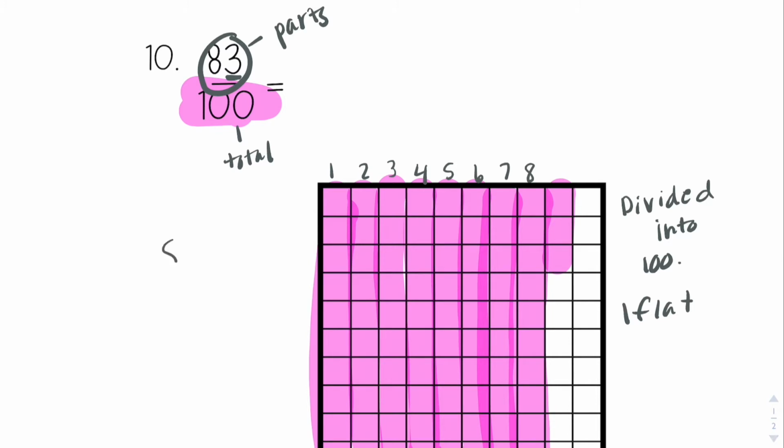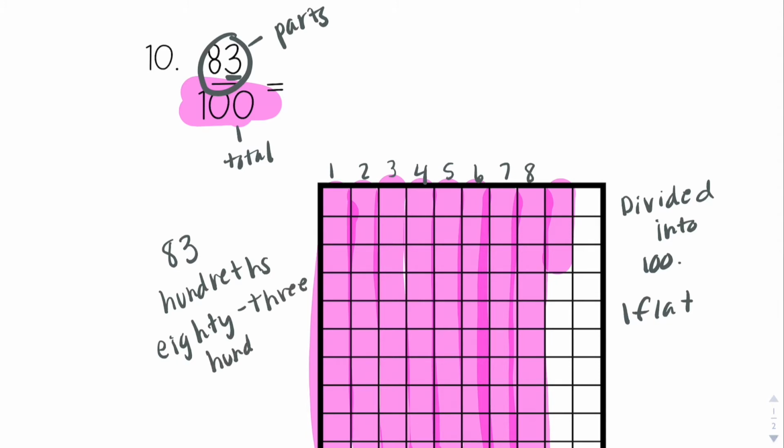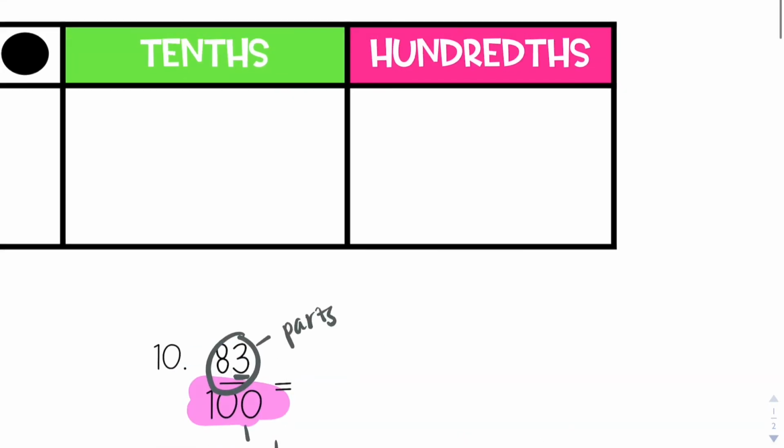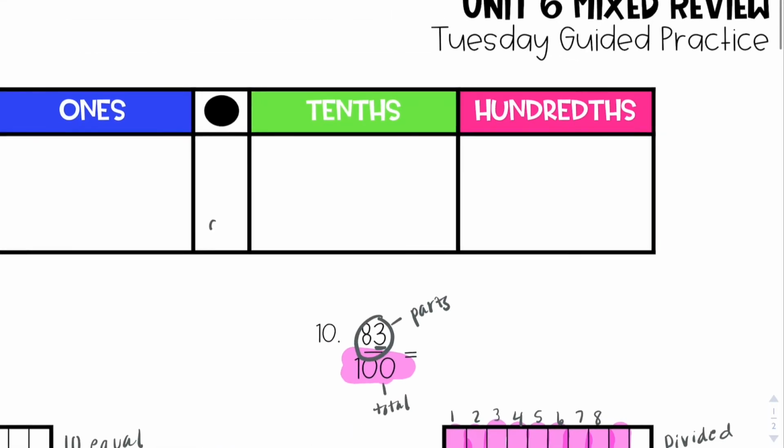Now I'm going to write this out in word form. 83 looks like a whole number, but a fraction is a number that lies between two whole numbers. So it could be between 1 and 2, 2 and 3, 4 and 5, 99 and 100. But when I write it out in word form, I have 80-3 hundredths. So when I scroll to the top, I can use this place value chart to help me.